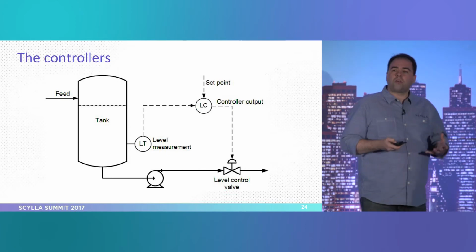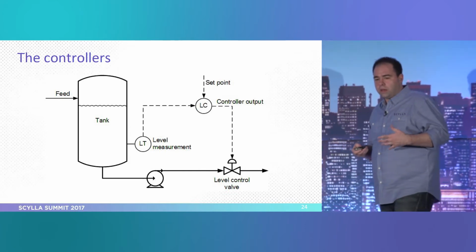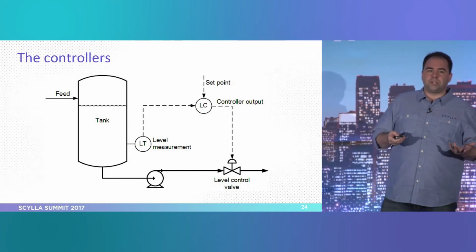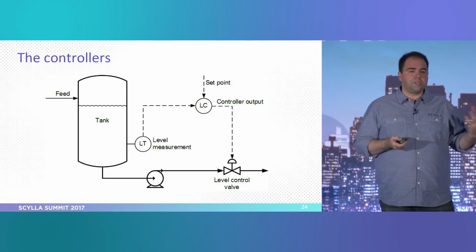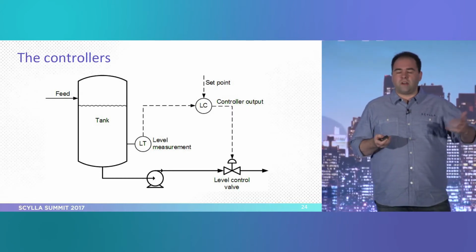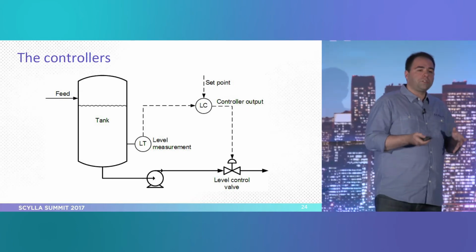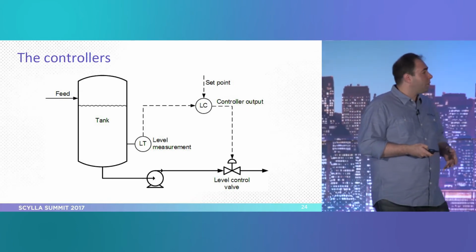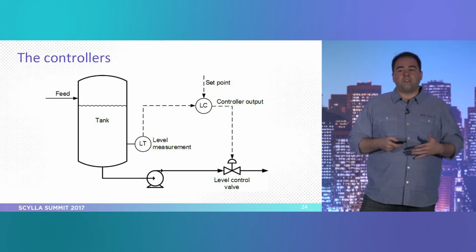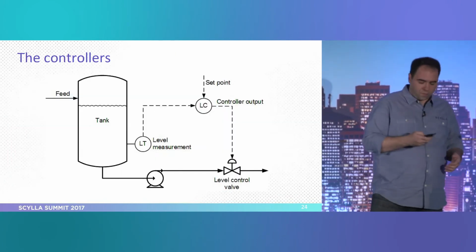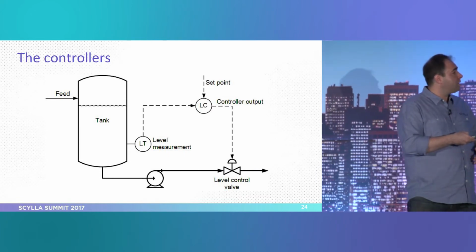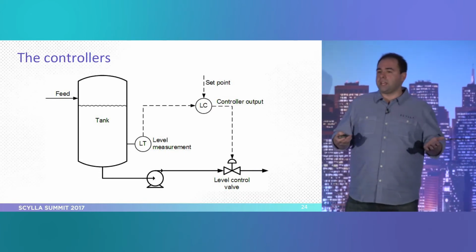The controllers draw from the mathematical and theoretical foundation of industrial controllers, things like the PID controllers and other controllers that we found in the literature that we brought into ScyllaDB. It's not very different than controlling the level of a water tank.